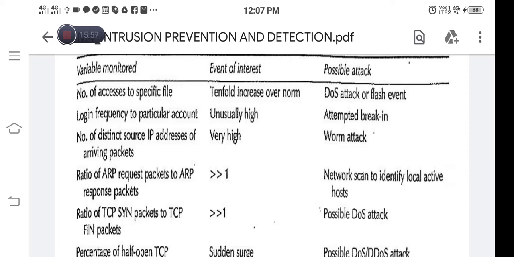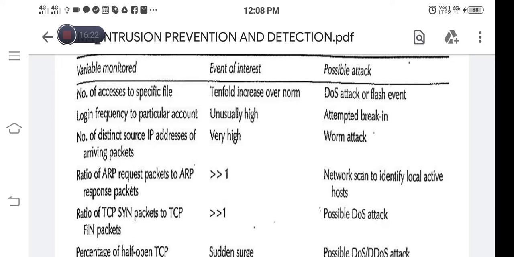So let us see the difference between anomaly versus signature based IDS and host based versus network based IDS, and how the intrusion detection system is going to give the alarm or an alert message to the user, the client, or the server also.